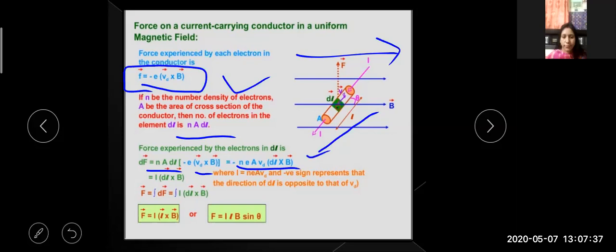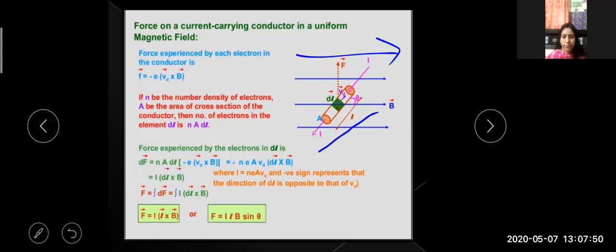Now from this equation, we can write I dl cross B. We know the relation between electric current and drift velocity.